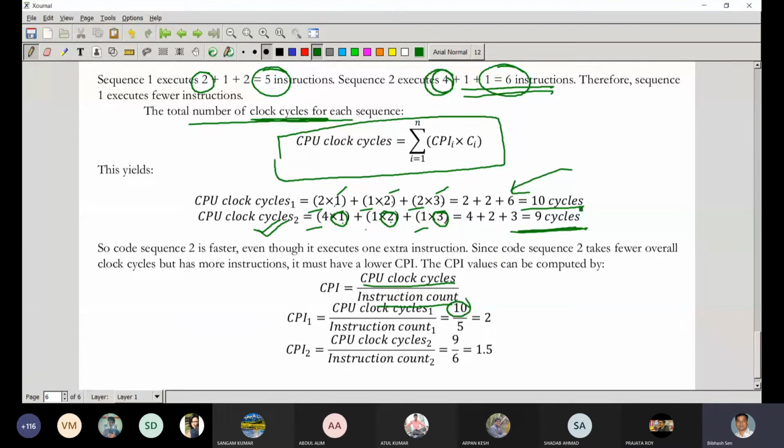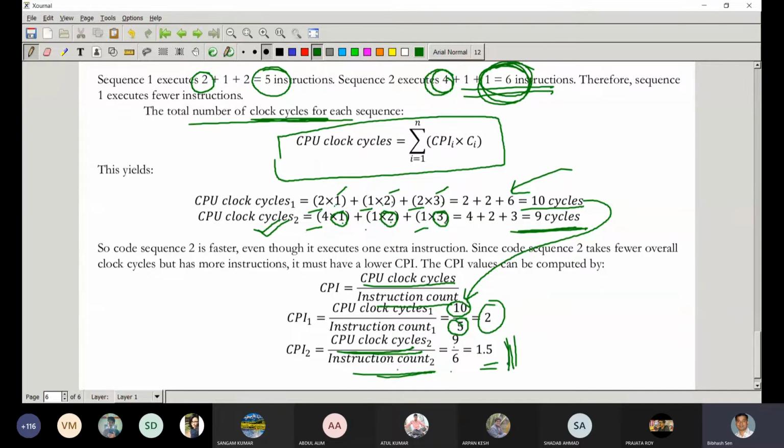For the first, 10 clock cycles and an instruction count of 5 gives 2. For the second, CPU clock cycles are 9 and the instruction count is 6, giving 1.5. So in this way you can find that even though a sequence has more instructions, it requires less time.